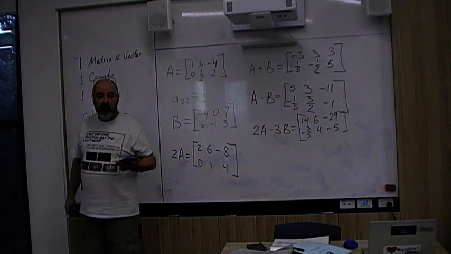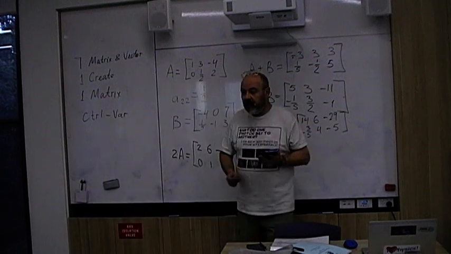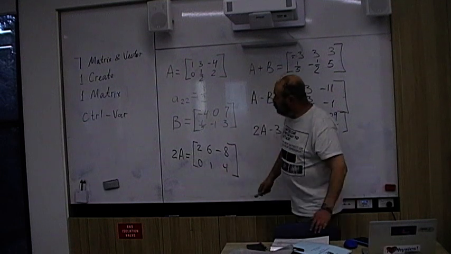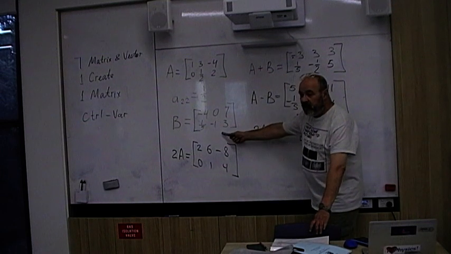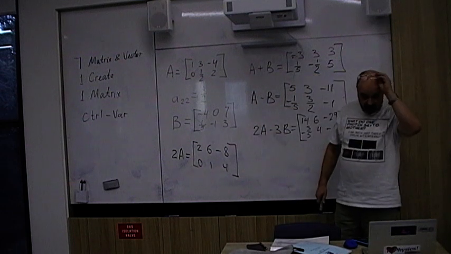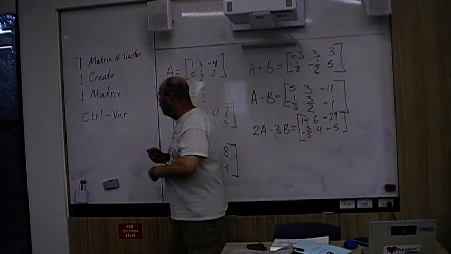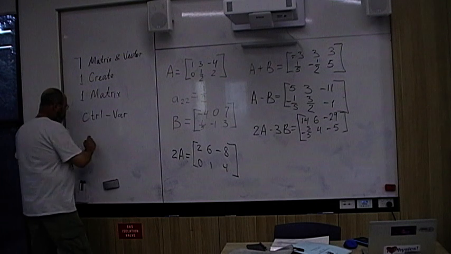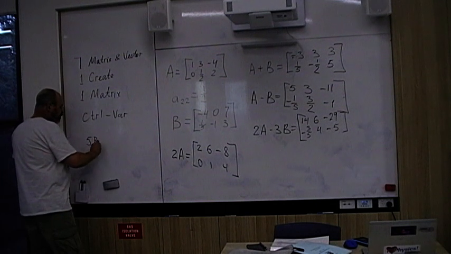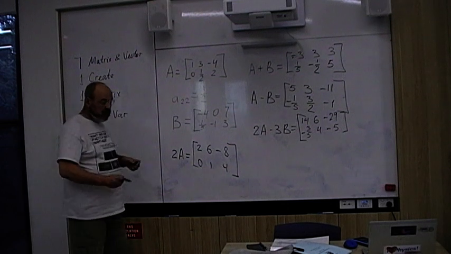Now the calculator will know that this is matrix A. Create matrix B in the same way with your calculator and calculate 5B minus 4A using the calculator.